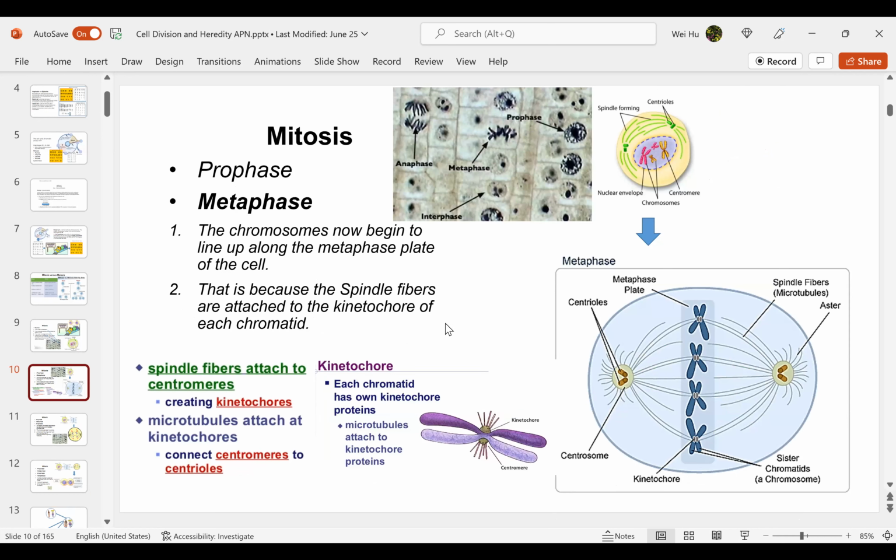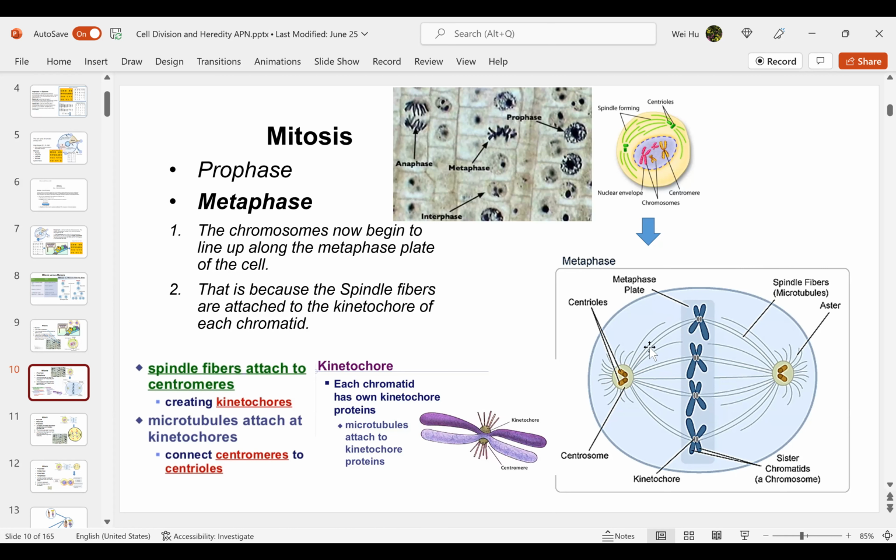So let's go to metaphase. Metaphase is here, and this is a picture for this. What's happened? The centrioles and the spindle fibers pull the chromosomes on both sides, so that's why they lie in the middle plane.